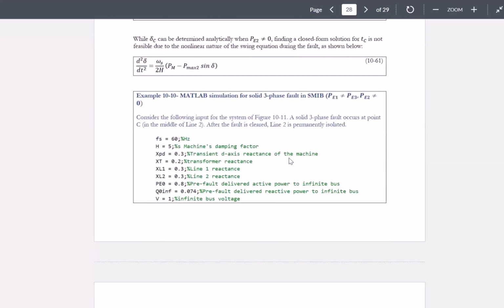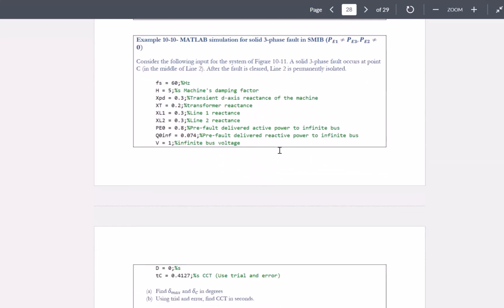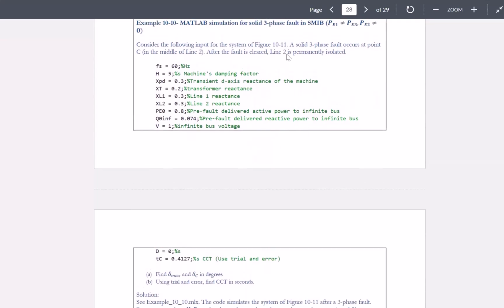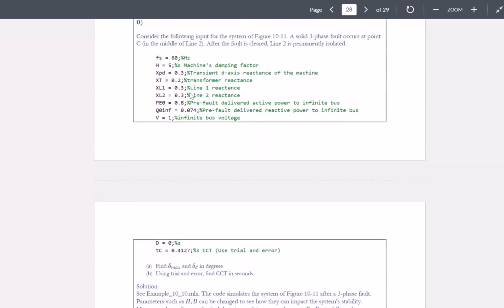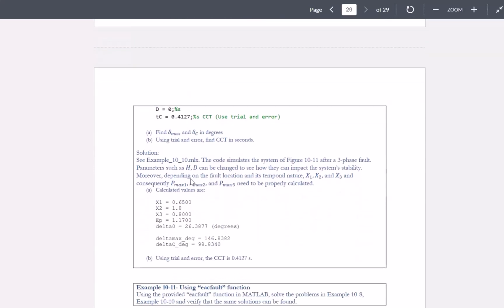Now, example 10.10 is when the fault is happening at point C, middle of line 2. After the fault is cleared, line 2 would be permanently isolated, which means that in general, the pre-fault, during-fault, and post-fault values are not equal. X1 is 0.65, X2 becomes high, 1.8, X3 becomes not as high as X2, but greater than X1.